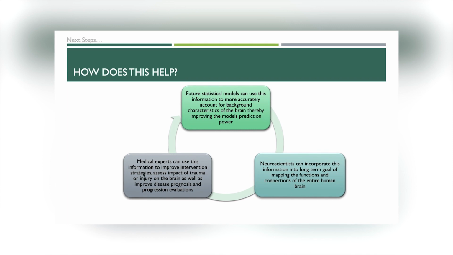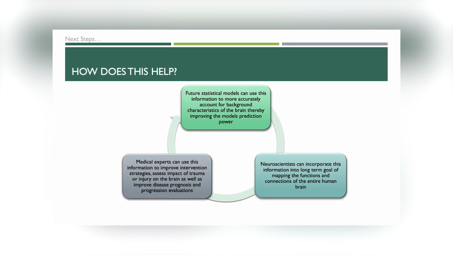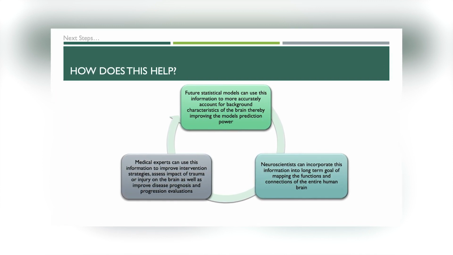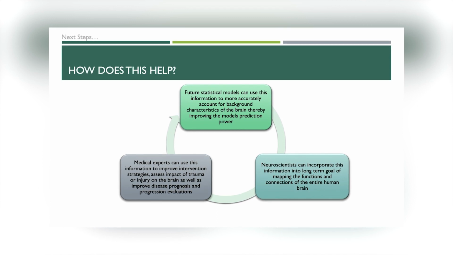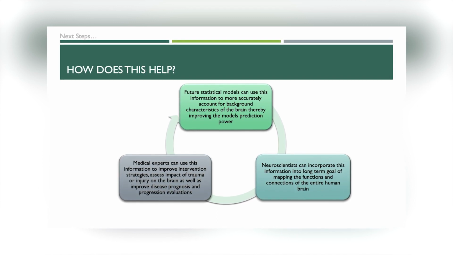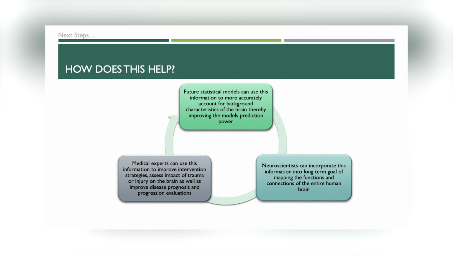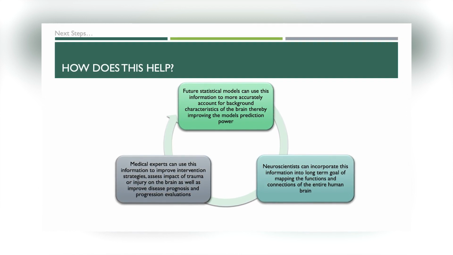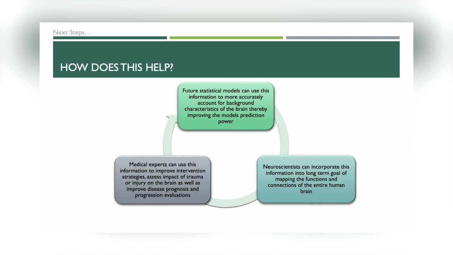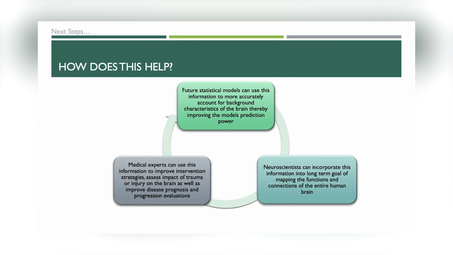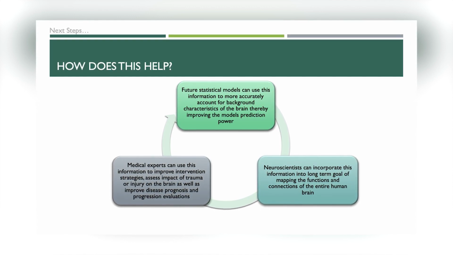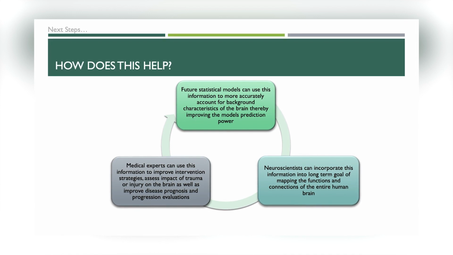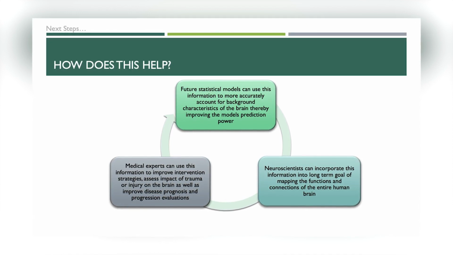And then, really, what does this help? As I said in the first couple of slides, understanding this background connectivity allows future statistical models to use this information and improve the model, because essentially the closer we can get to the reality of what our brain is doing in a model, the better that model is going to perform for any sort of prediction or disease diagnostics or anything like that.